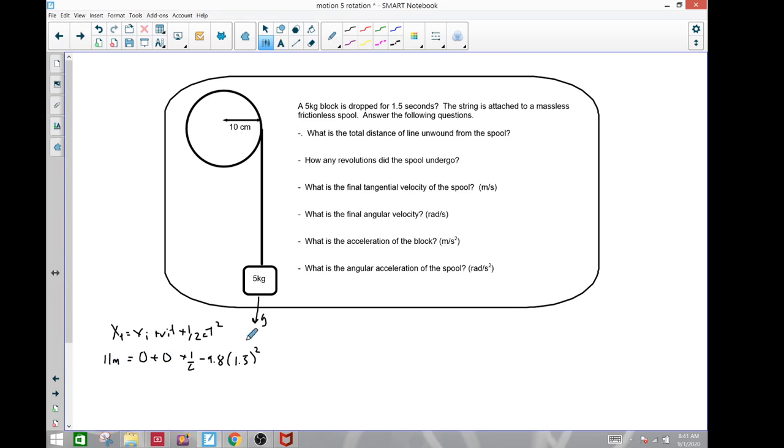Now keep in mind the gravity, this is going faster and faster, and it would really start picking up speed, obviously, due to gravity. So at this point, we have 11 meters.